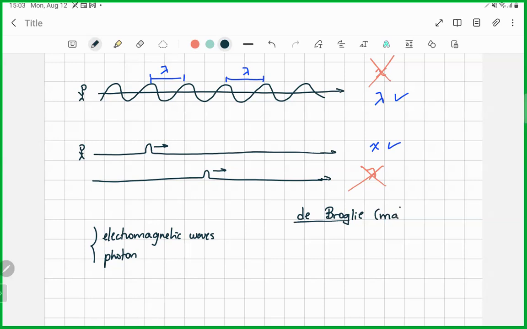Well, wait a second. If light sometimes behaves as a wave, sometimes behaves as a particle, the same should be valid for matter. So electrons, protons, atoms, and so on, under certain situations, should behave as a particle, but under other situations, should behave as a wave. And what is this wave? It is the wave function associated with this entity that we are studying.